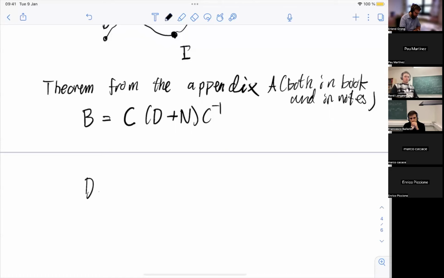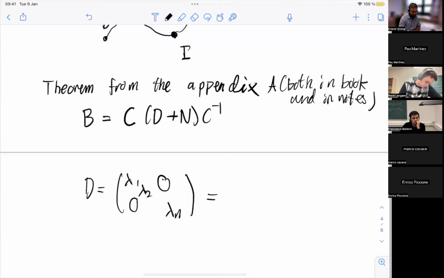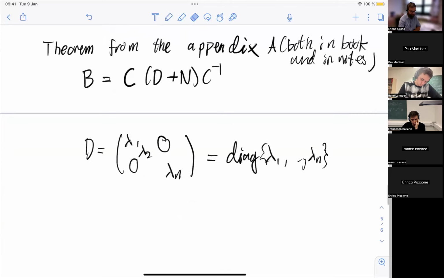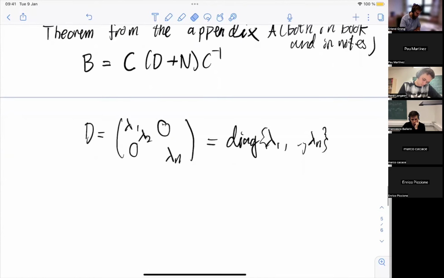So D is then a diagonal matrix like this. And it will be very convenient for me later to have the notation that whenever I have a diagonal matrix, I just write diag and the entries, just to avoid having to draw this every time.